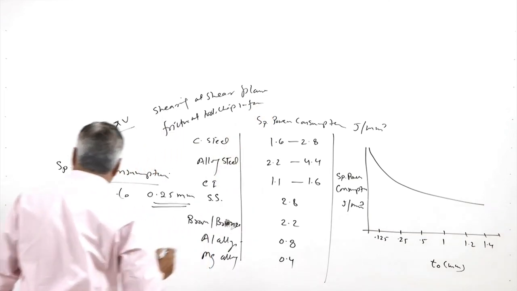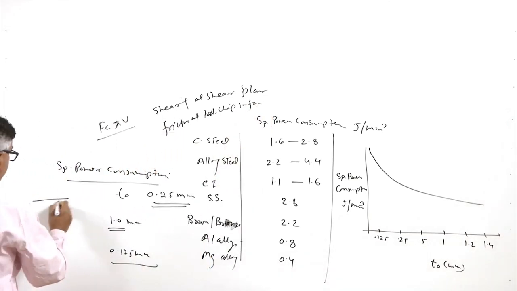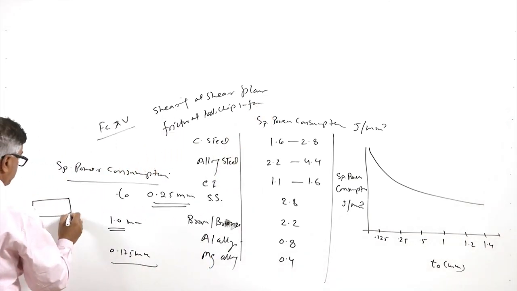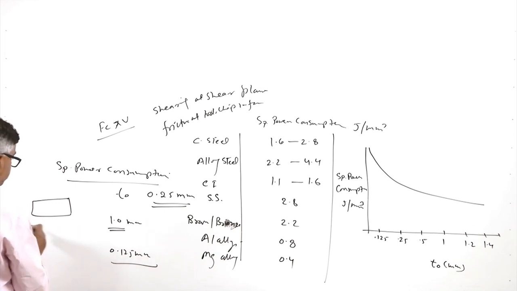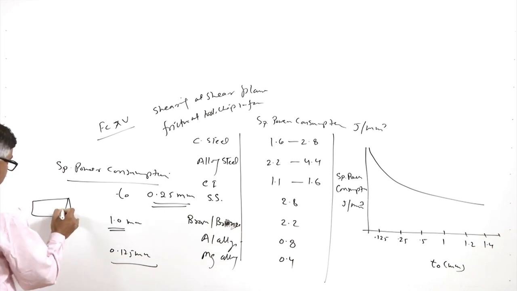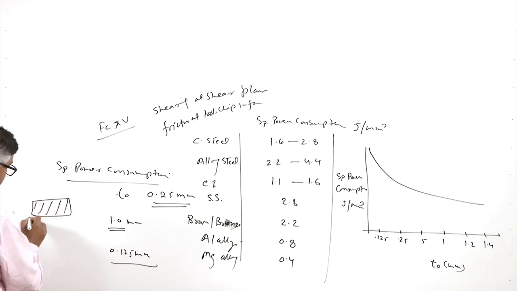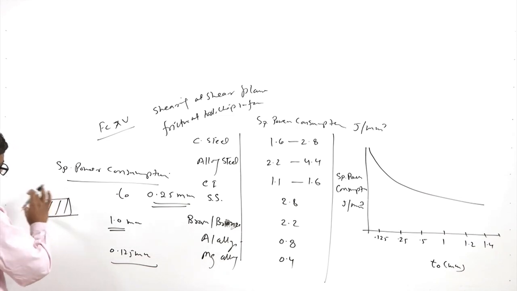So, when we work with greater uncut chip thicknesses, the entire volume is removed in one go, and only one chip will be sliding over the face of the tool.